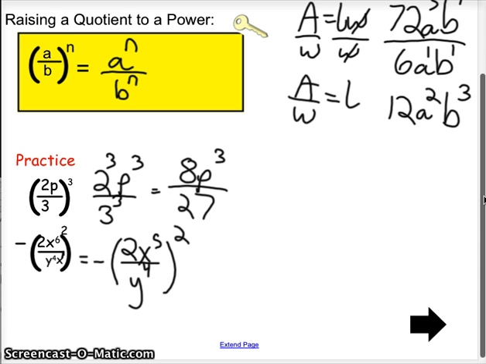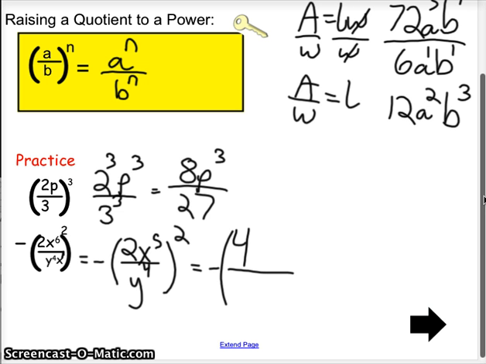Now that that's gone, I can start applying that power of 2. So I have my negative out front, and now I'm going to deal with my fraction. 2 squared gives me 4. X to the 5 squared.